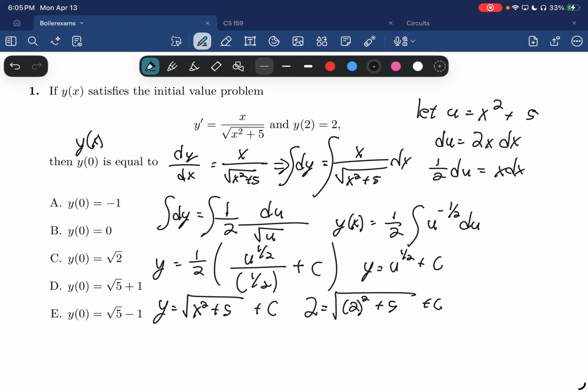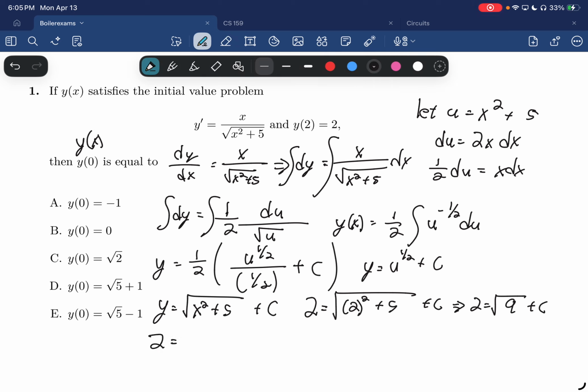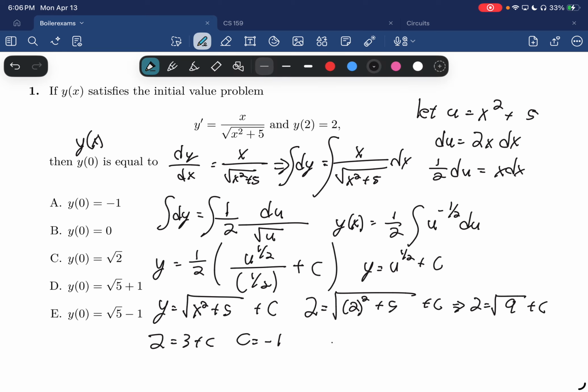If you work that out, we get that 2 is equal to the square root of 9 plus c. Square root of 9 is 3. 2 is equal to 3 plus c. Subtract 3 over, we get c is equal to -1. Now we have our constant. We can plug it back into our solution.